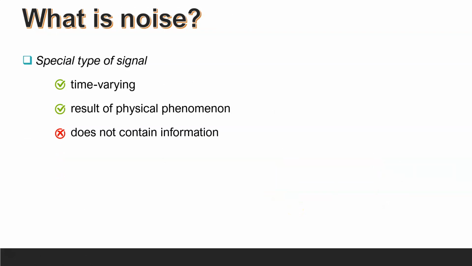Now, in the study of signals as well, you will come across a term, noise. For me, I will say that noise is a special type of signal because it changes with time. It is time varying. It is the result of a physical phenomenon. So noise is usually caused by vibration or unwanted sound in the background.